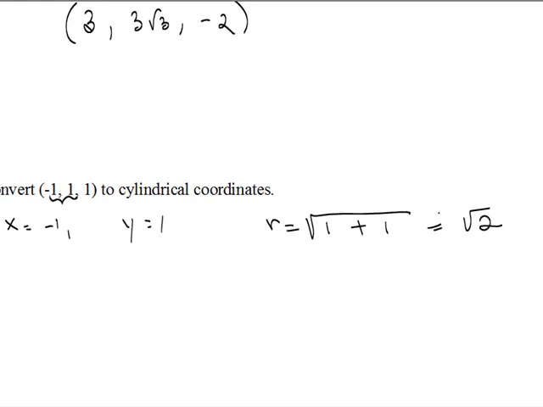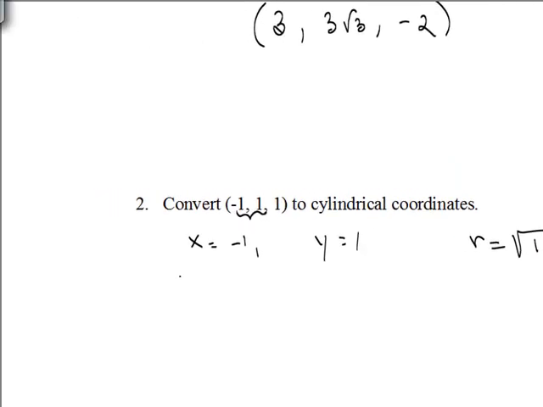Now to find theta, if you can remember your unit circle, but if you can't, that is okay, because you can just work it out. So the point -1, 1 is here. You need this angle.